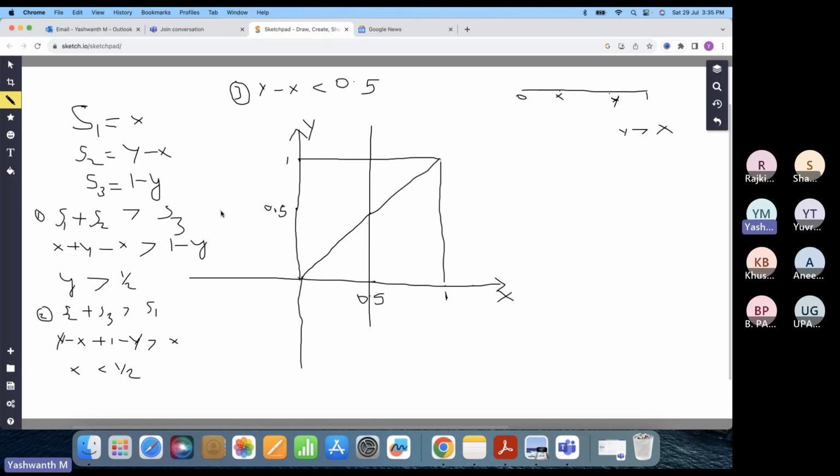So basically, this square is what we got. Out of this, we have added only two constraints. We need to add this constraint as well: y minus x less than 0.5. That line cuts straight away like this. So less than 0.5, it will be this region.